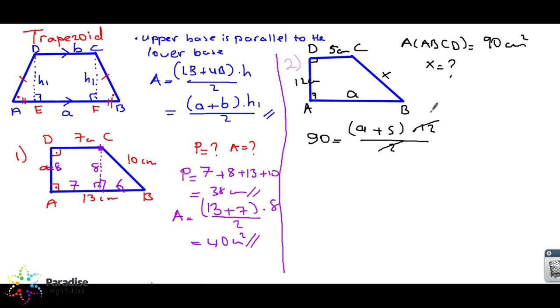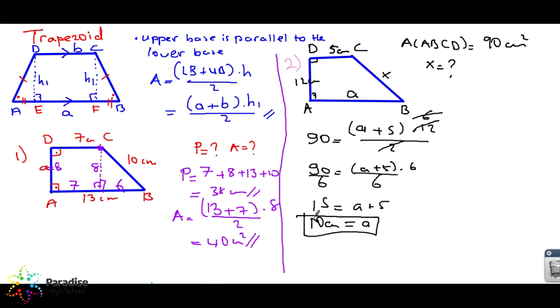Let's say we don't know the lower base, so let's call it A. We simplify that, that is 6. Let's write it down again: 90 is equal to A plus 5, times 6. Both sides divided by 6: 15 is equal to A plus 5. A is equal to 10 centimeters. So we found A is 10 centimeters.